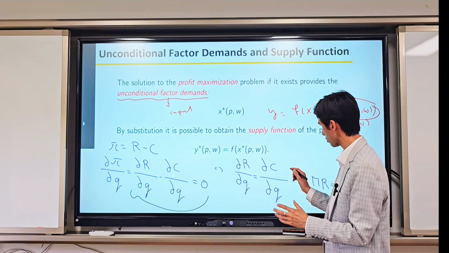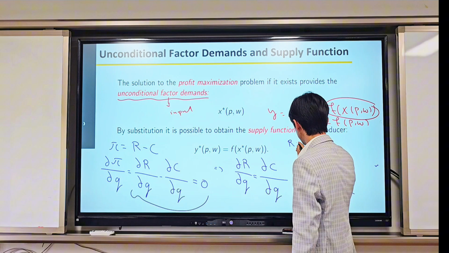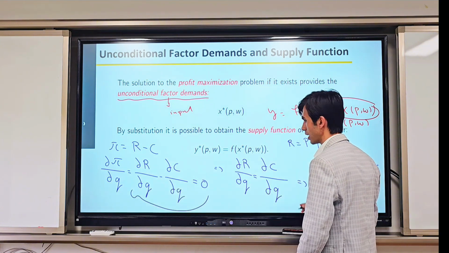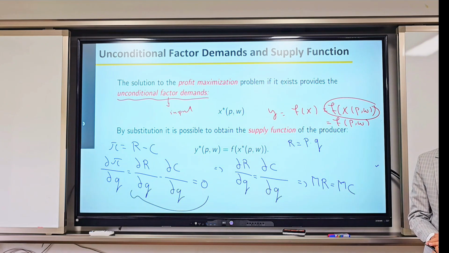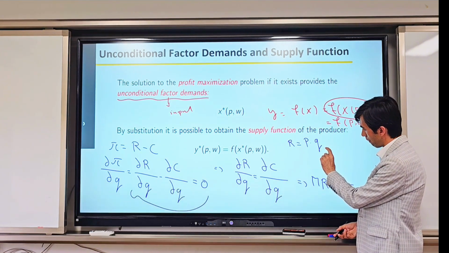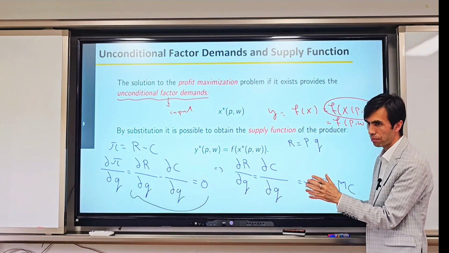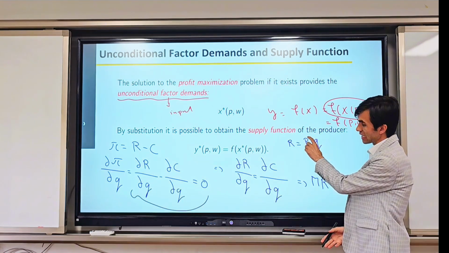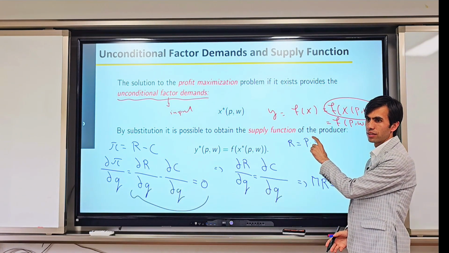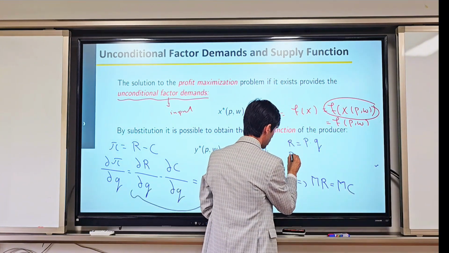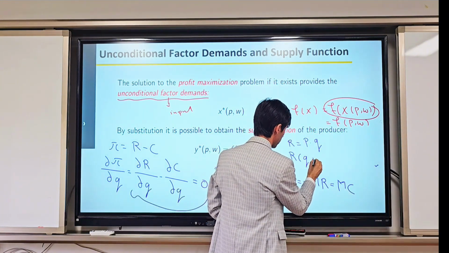And also, this revenue is equal to price multiplied by the quantity that we produce. And when we are talking about a perfectly competitive producer, the price is already given. Then our revenue should be just a function of Q because the price is given.